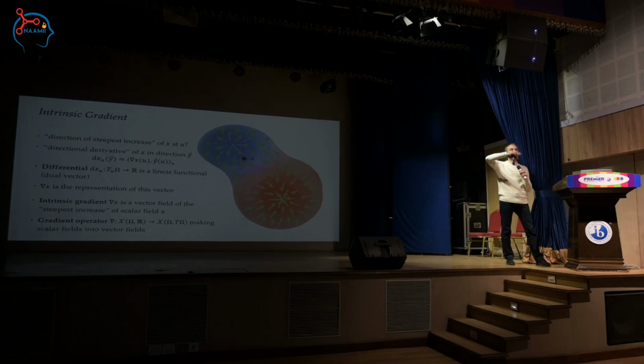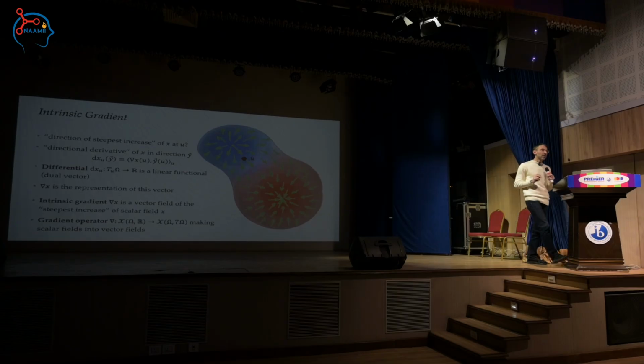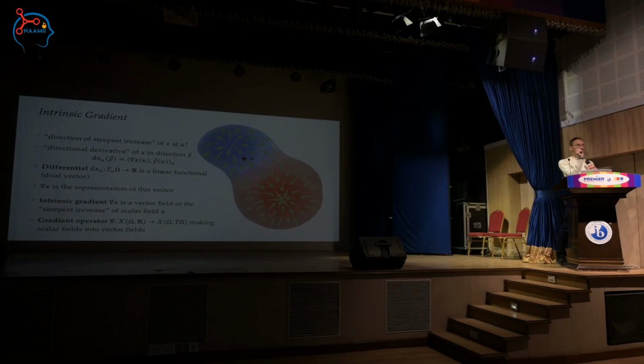So if I have, for example, a distribution of temperature on the manifold, then at every point I can see in which direction the temperature changes the most. The arrows that point in these directions will form a vector field. So the gradient takes me from scalar fields to vector fields. I guess you know it probably from standard multidimensional calculus.